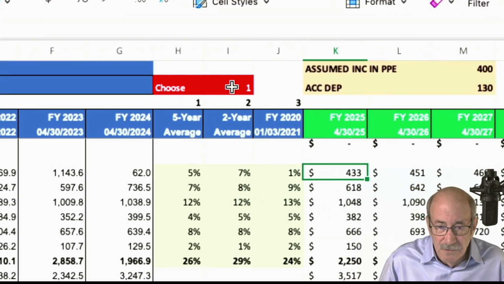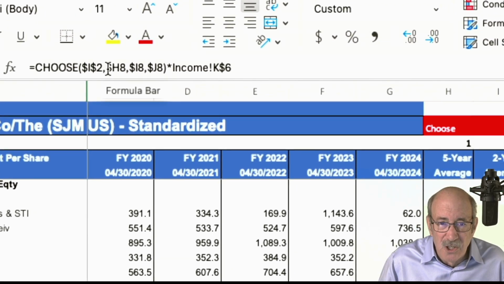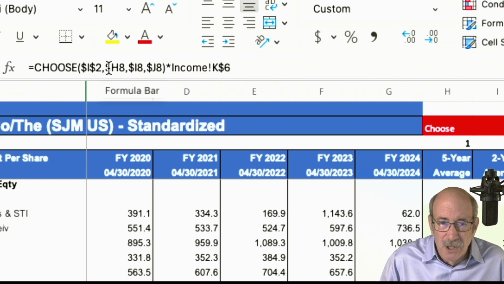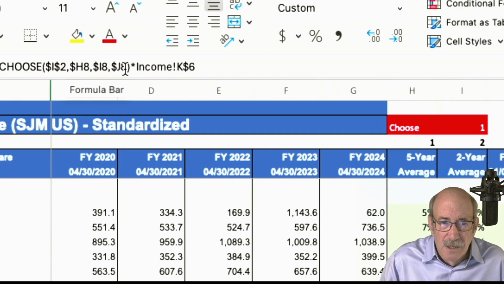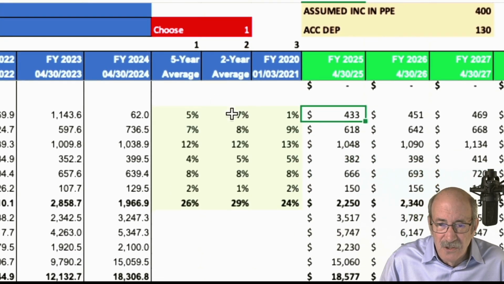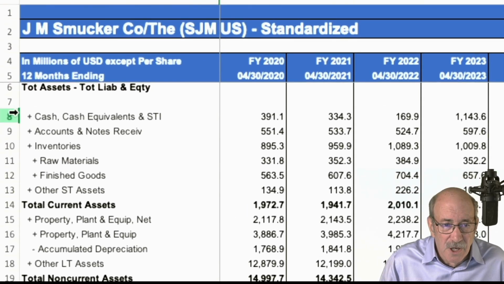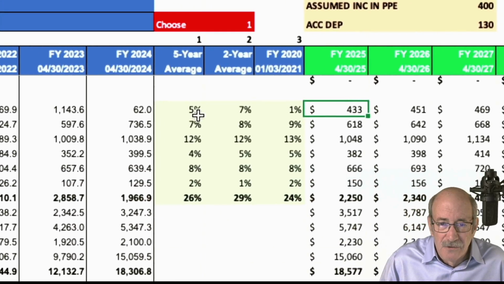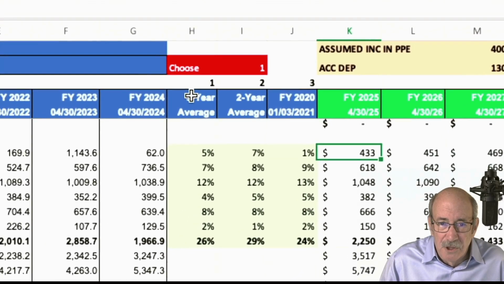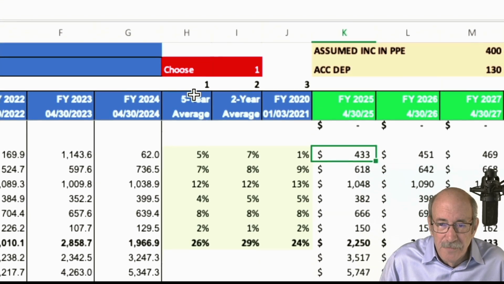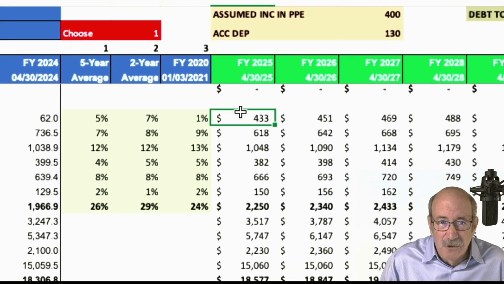We're going to use that number to pick whether we look at column H, I, or J. In this case, this is down in row 8. Let's go over here. See, there's row 8 right there. It's going to look at that number, pick the column that is the same as that number, and use this 5% to calculate my cash value here.